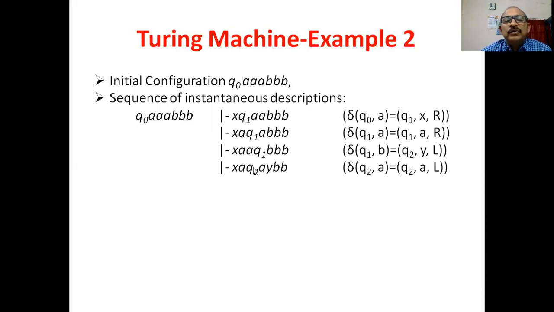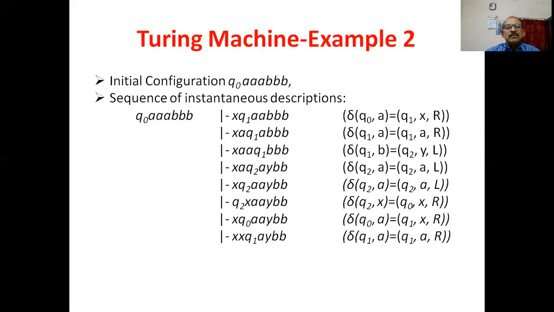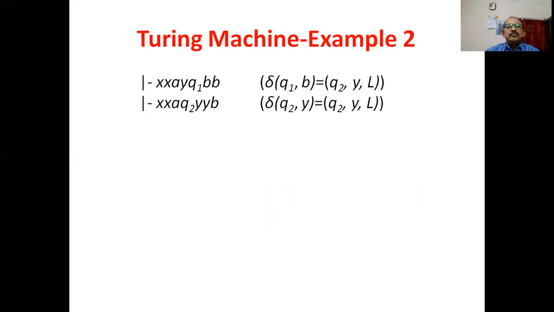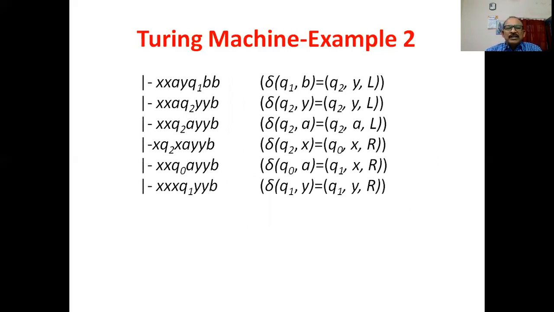So the symbol under the head will be A. So Q2 A Y P. In the same way, you can apply the transition function and you will get a sequence of moves of the machine. At the last, let us see what has happened.